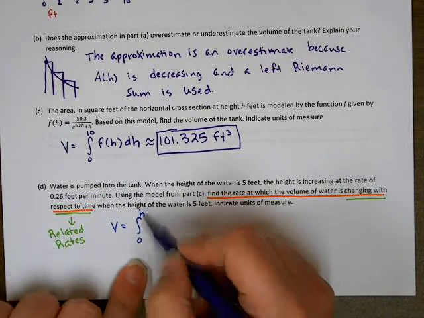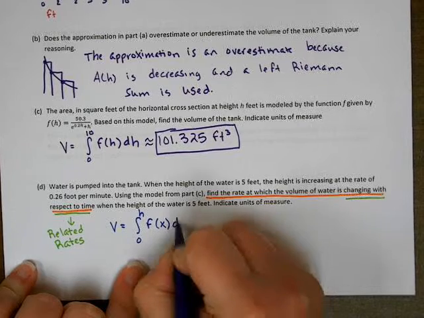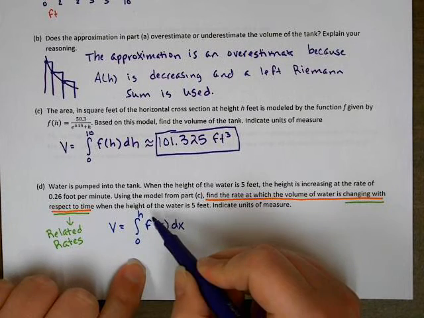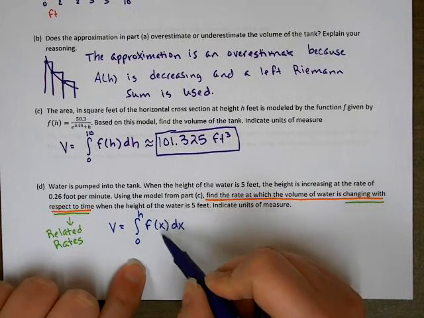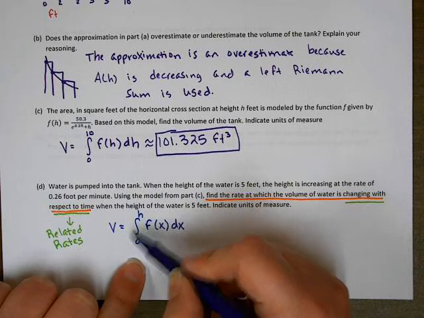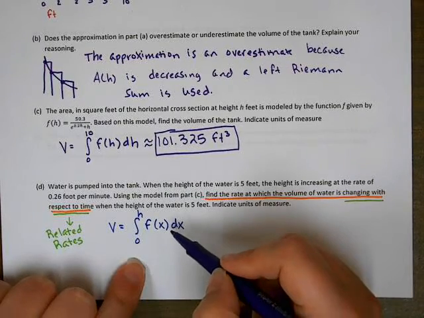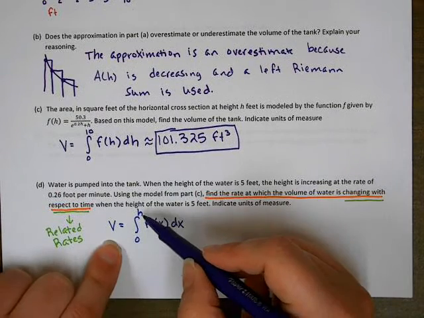So from 0 to h of, instead of f of h, I'm going to put f of x dx. So remember, we can't have h in all of these places. So since we're going to use h to stand for the height of the water, we're going to integrate from 0 to h. This right here is an equation that relates the volume with the height of the actual water, okay?